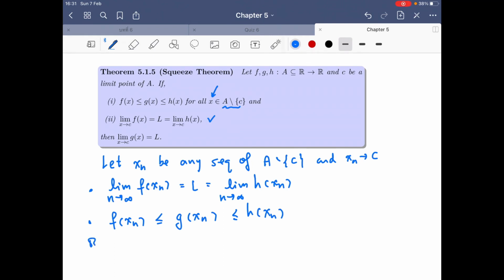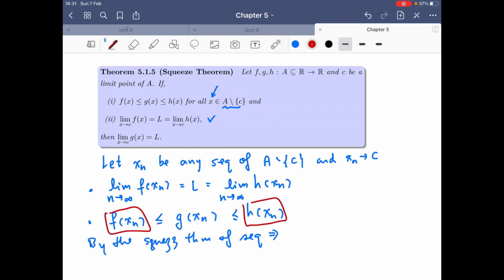So by the squeeze theorem for sequences, because the limit on the left and the limit on the right go to the same place L, the one in between must be L as well.